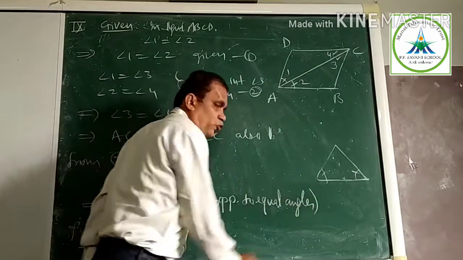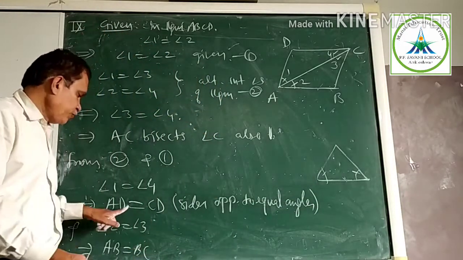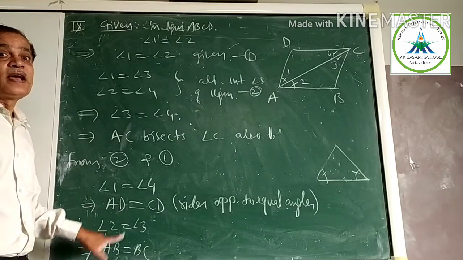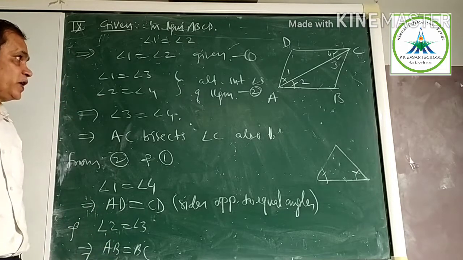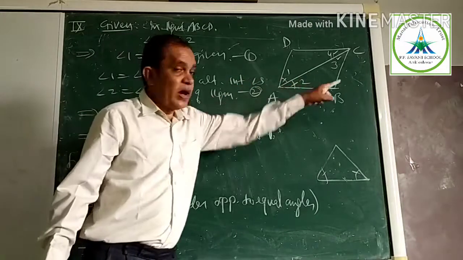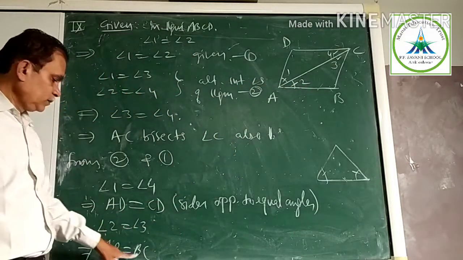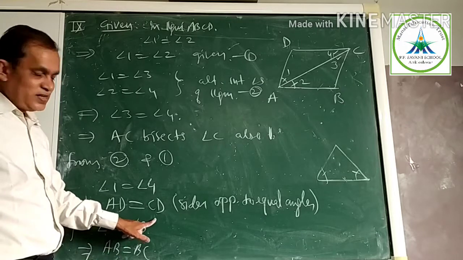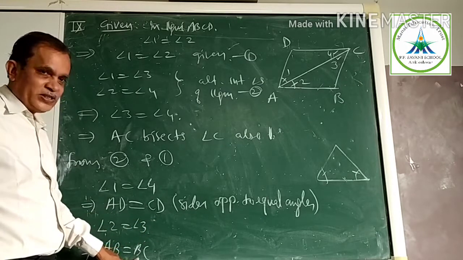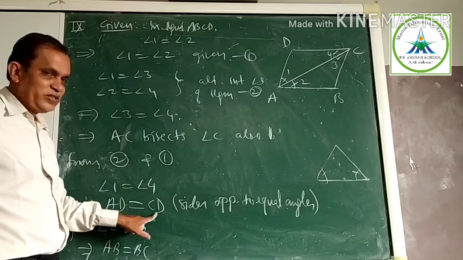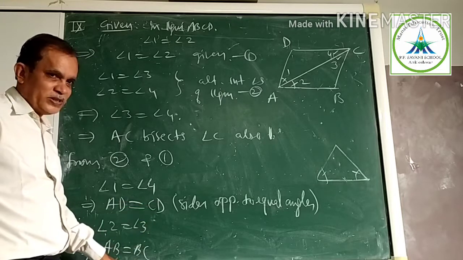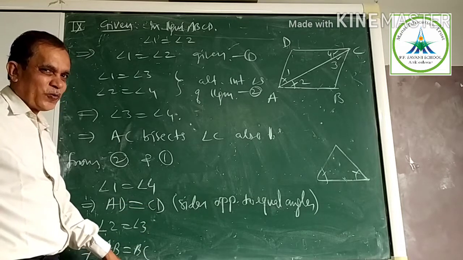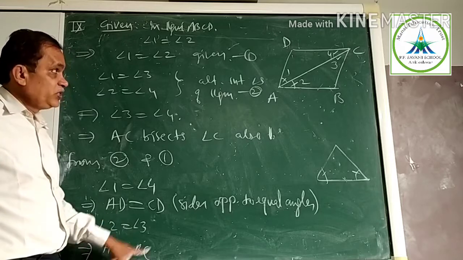Same support: sides opposite to equal angles. Got it? Now students see, AD equal to BC, opposite sides. AB equal to CD, opposite sides. If AD equal to BC and AD equal to CD, it means CD equal to BC. Yes or no? AD equal to BC, opposite sides.